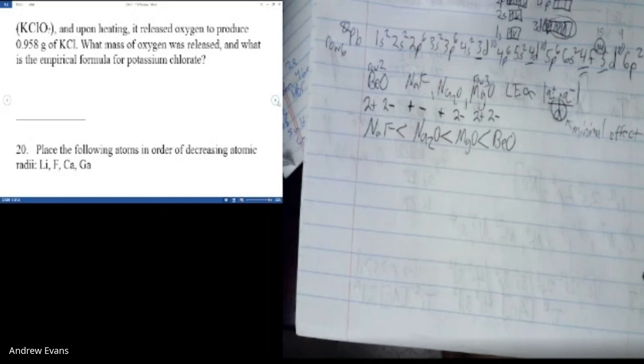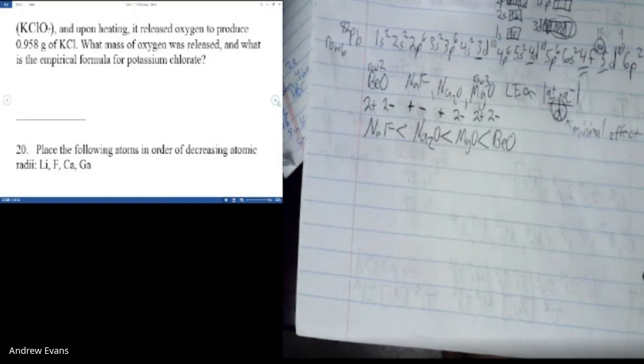To find the empirical formula, we would find out the moles of oxygen versus the moles of the compound. So 0.617 grams divided by 16 grams per 1 mole.